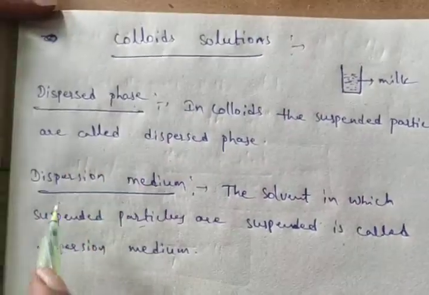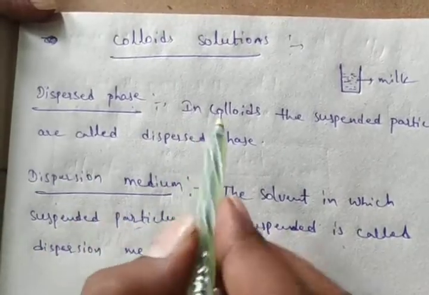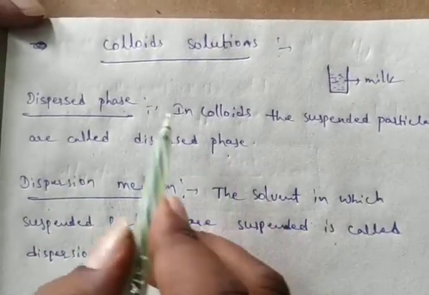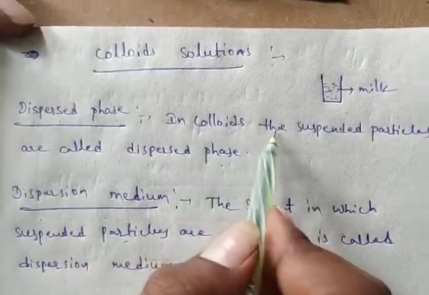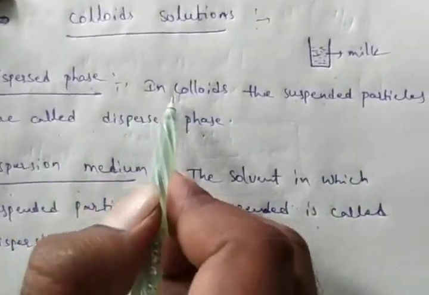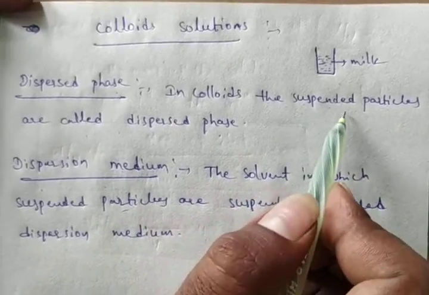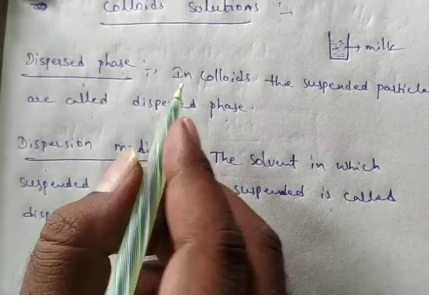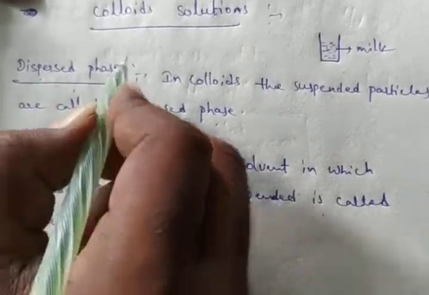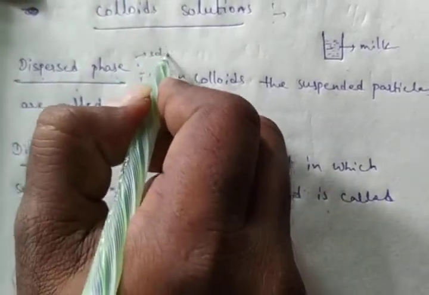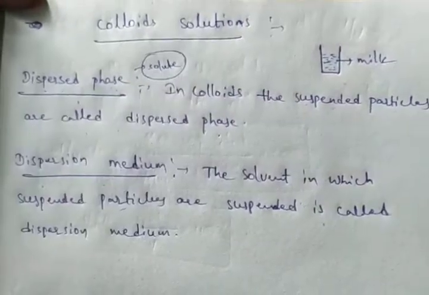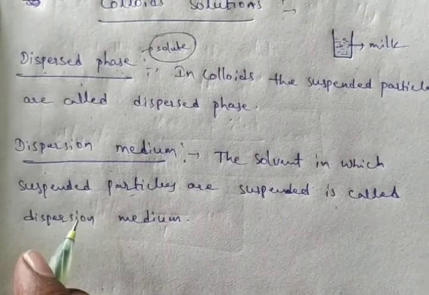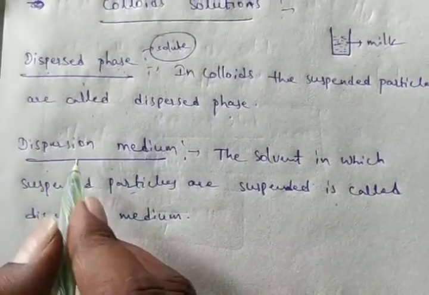From these two definitions, what do you have to understand? In colloids, the suspended particles are called the dispersed phase. Dispersed phase means the suspended particles, that is, the solute. We already know that solute plus solvent equals solution.